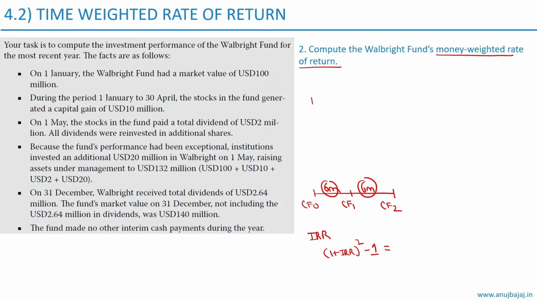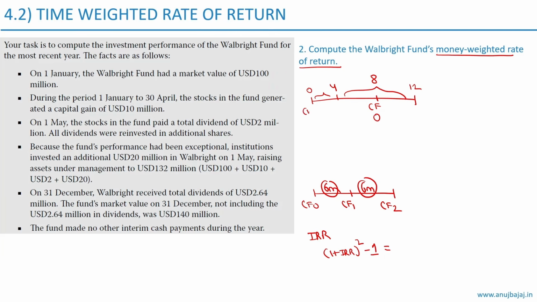In our case, we have cash flows occurring at the end of 4th month and at the end of 12th month. So we have unequal periods. So we create an additional cash flow at the end of 8th month. Because there is no cash flow over here, the cash flow at the end of 8th month we will enter as 0.